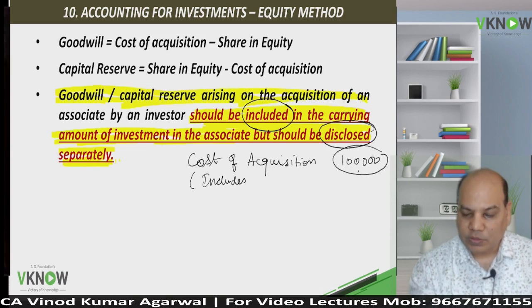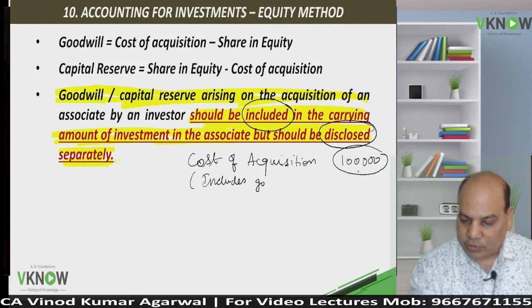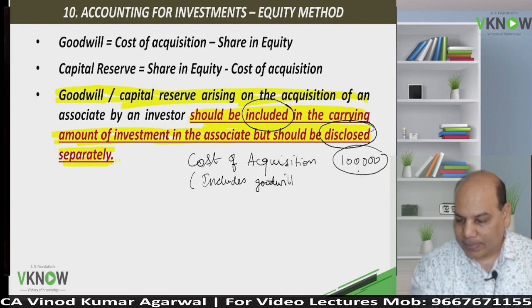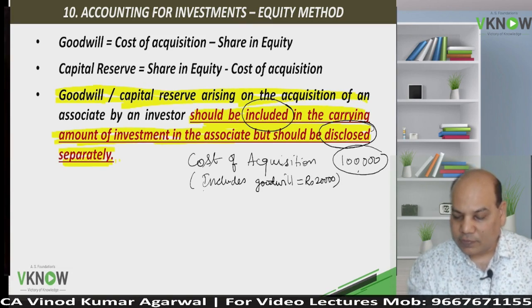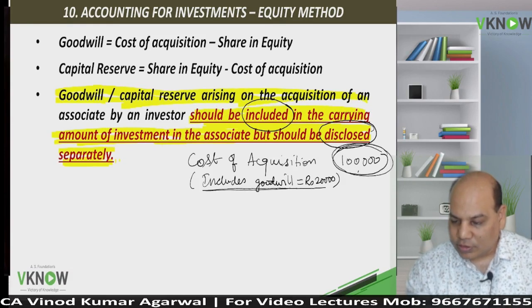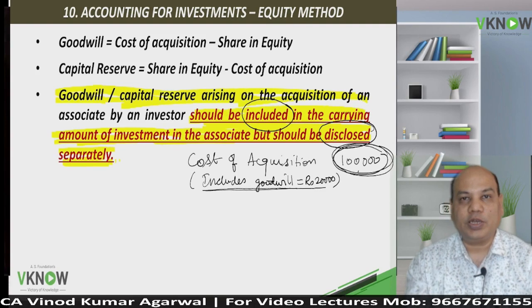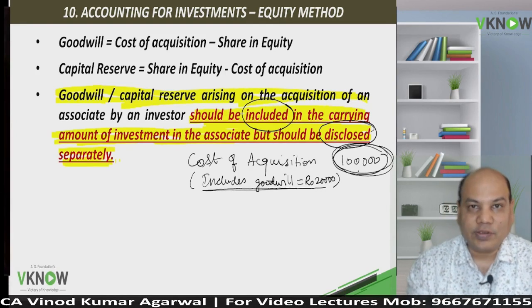So for disclosure purpose, we will write: includes goodwill equal to rupees 20,000, or includes capital reserve. This will just give an idea that while acquiring this investment, we have paid 20,000 rupees in excess of the share in net asset.